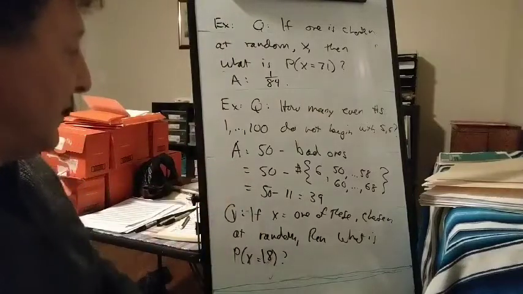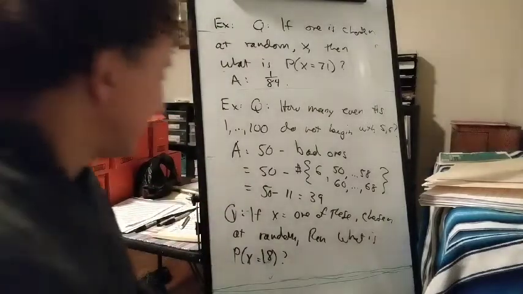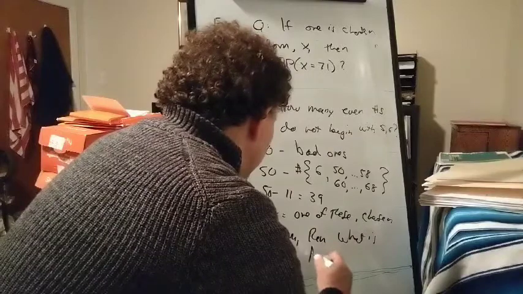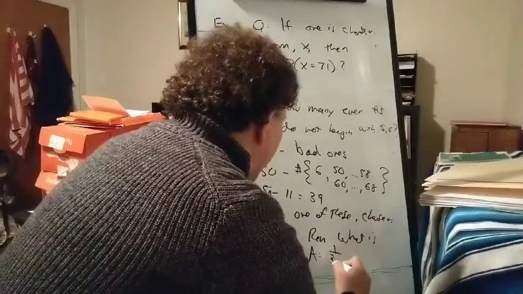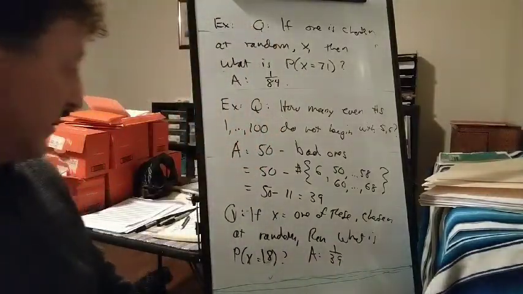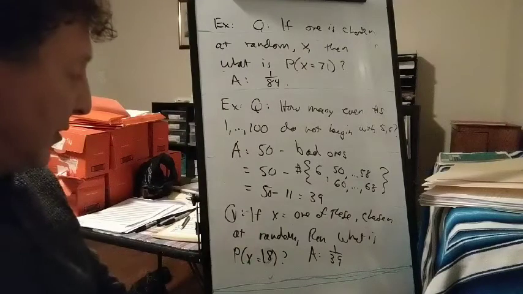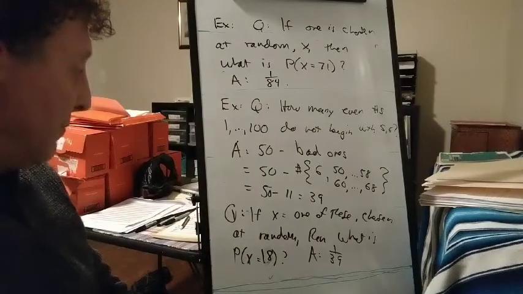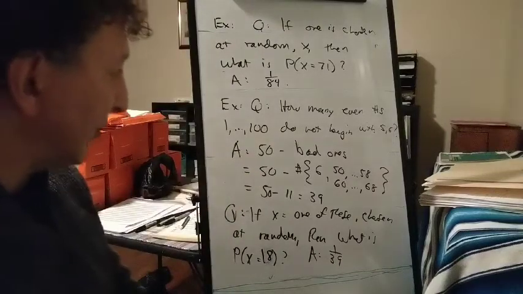Well, we're choosing one of these at random. There's 39 of them. The answer is 1 over 39. Same as if we chose 16 or 24 or 32. Any one of these chosen at random.